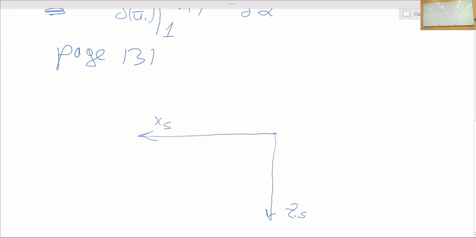So there's XS and ZS. And here's our body fixed axis, X and Z. And this is alpha 1. So I'm drawing this just for context.